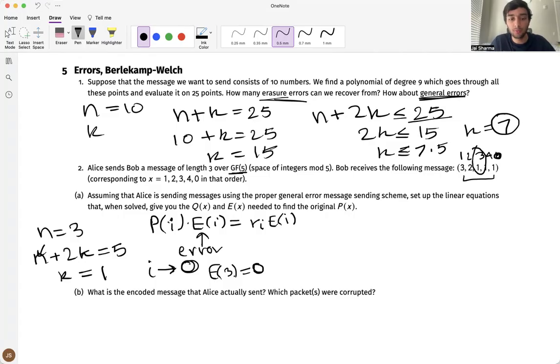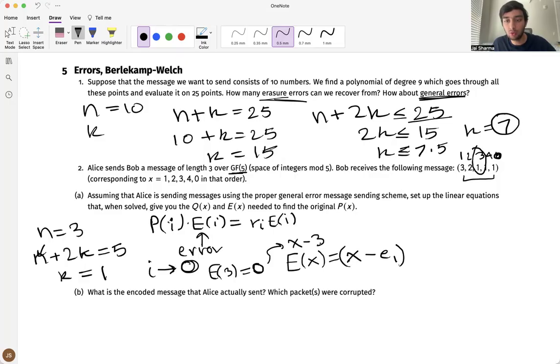This is the rule right here. And in order for this to be satisfied, for example, we could make our polynomial x minus 3, because when we put 3 in here, we get a 0. 3 minus 3 is 0. So the form of E of x, sorry, I'm using I and x interchangeably here, is going to be x minus error number 1.